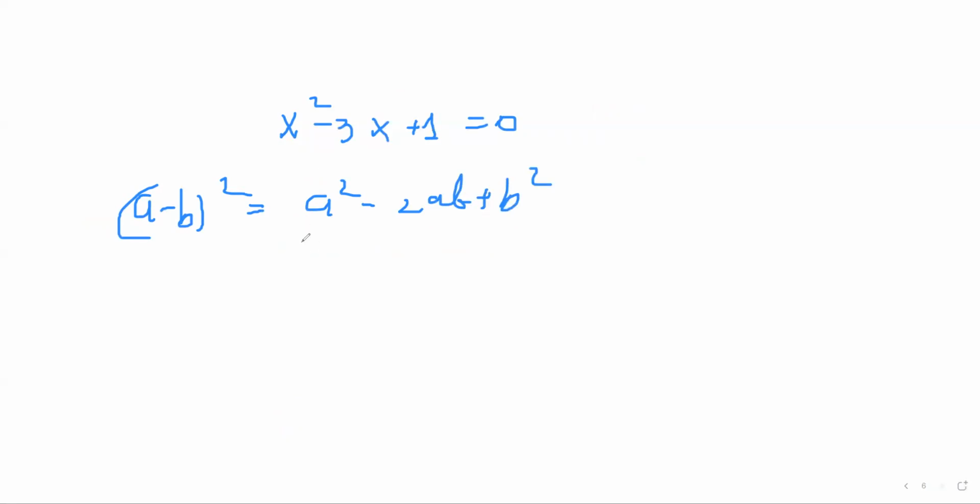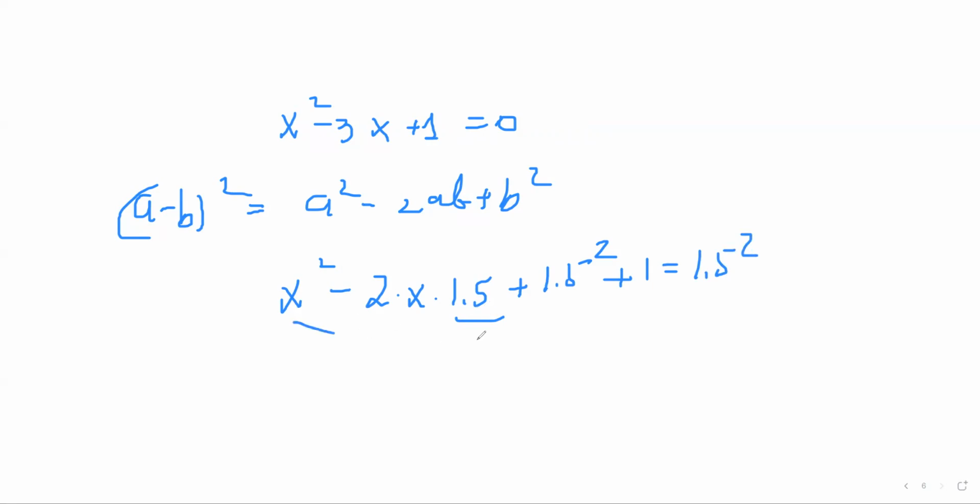So a squared is x squared, and minus 3x we can write as 2 times x times 1.5. We said that we add to both sides the square of this number, 1.5 squared. So you can see here that we have this complete square.